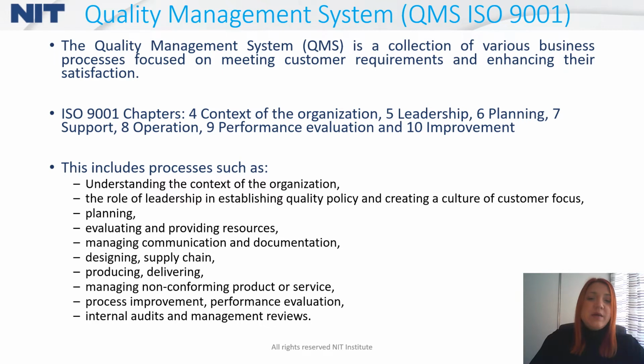This includes the processes summarized in ISO 9001, chapters 4 to 10, such as understanding the connection of the whole organization, the role of leadership in establishing quality policy and creating a culture of customer focus, planning, evaluating and providing the resources, managing communication and documentation, designing the supply chain, producing, delivering, managing non-conforming products or services, process improvement, performance evaluation, internal audits, and management review.